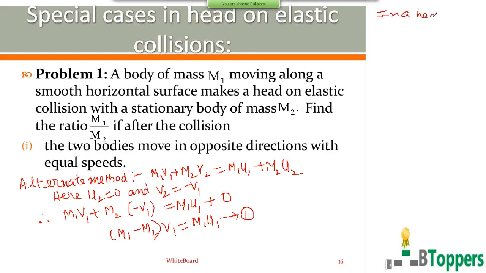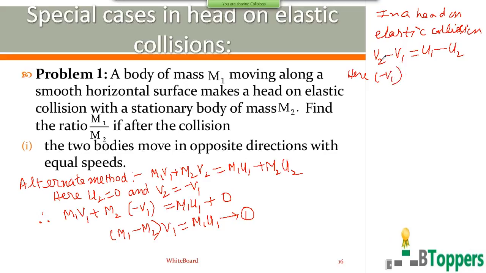In a head-on elastic collision, that means one-dimensional elastic collision, you can write v2 minus v1 equal to u1 minus u2. So in this case, v2 is the same as minus v1 on the left side, as I have written here.